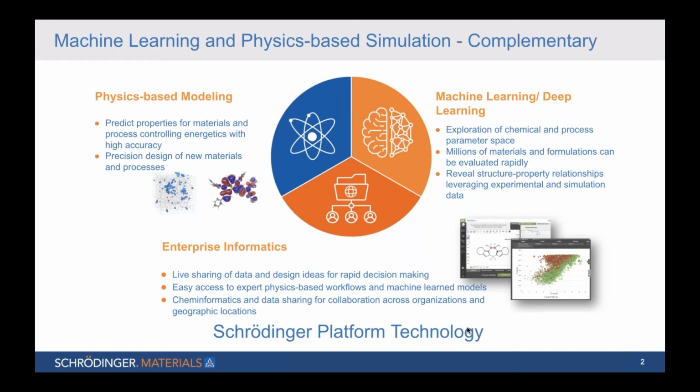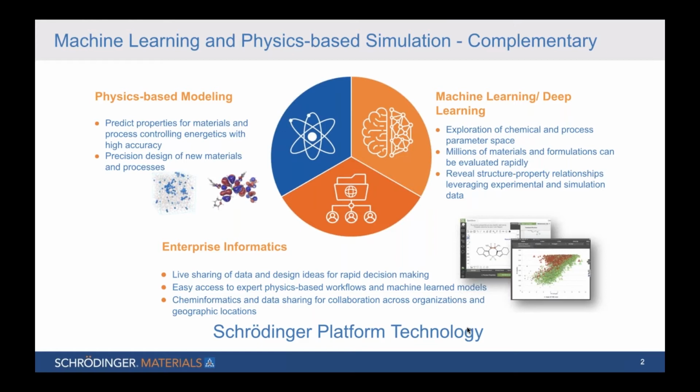In the meantime, especially in recent years, as we start to realize the value of existing data, either from experiments or from simulation, statistical analysis and machine learning approaches have shown great potential in exploring much larger design space, either chemical space or process parameter space.